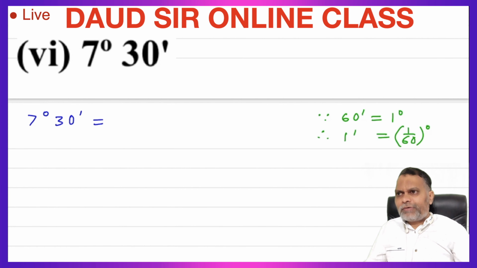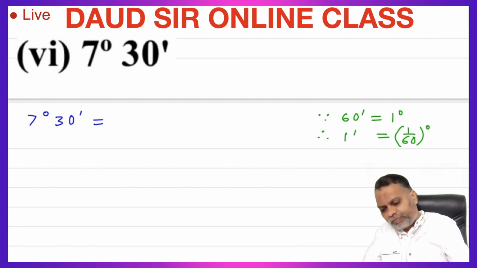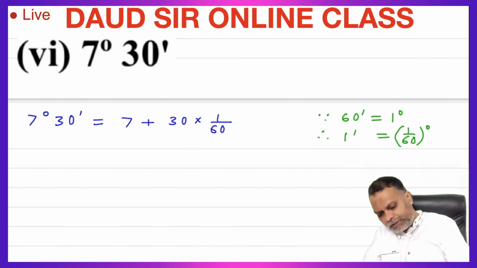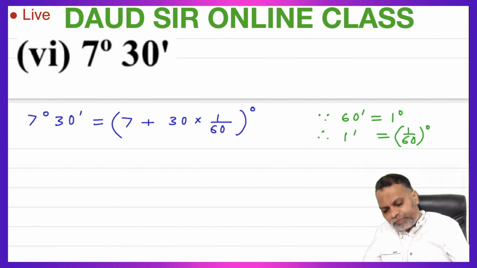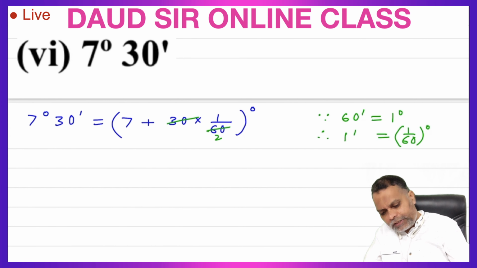So we can convert this 30 minute into degree multiplying by 1 by 60. So which is equal to 7 plus this 30 into 1 upon 60. Now it is complete degree, multiplying by 1 by 60. So 30 2s are 60.